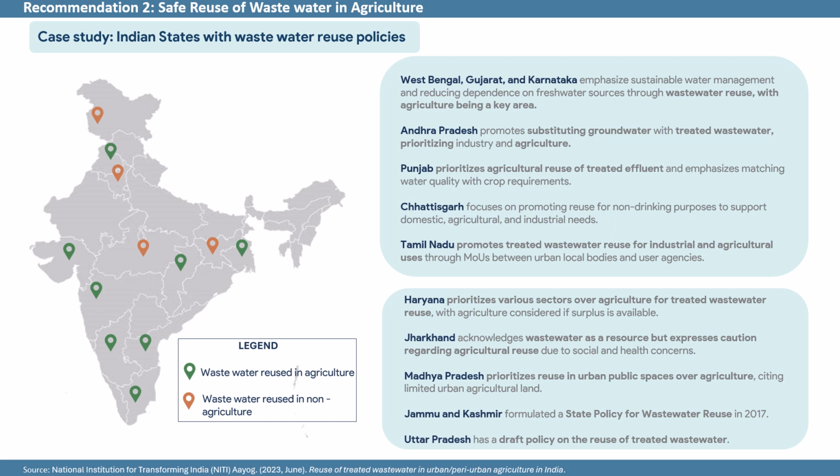As we can see, many of the states like West Bengal, Andhra Pradesh, Punjab, Chhattisgarh, Tamil Nadu, which extensively use wastewater for agriculture, have a wastewater policy in place. And this wastewater policy establishes clear guidelines, standards, and suitable farming practices for safe and efficient wastewater utilization in agriculture.